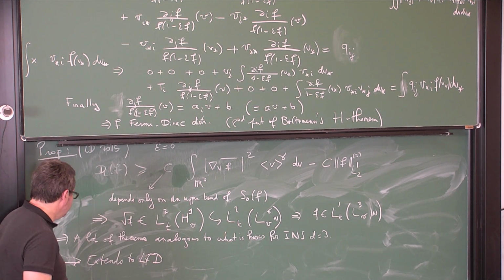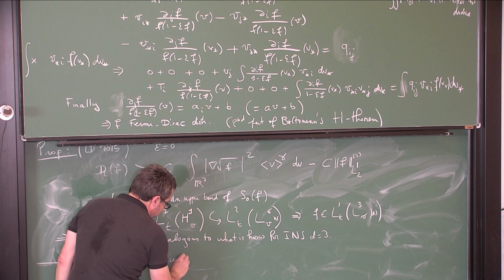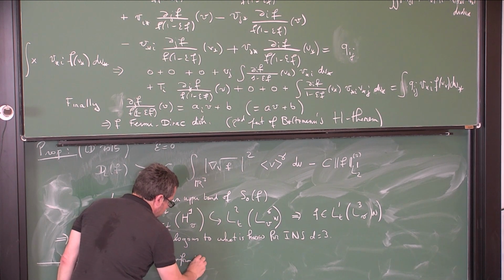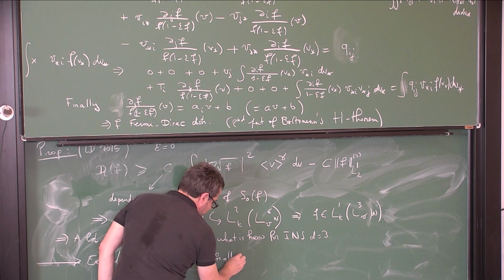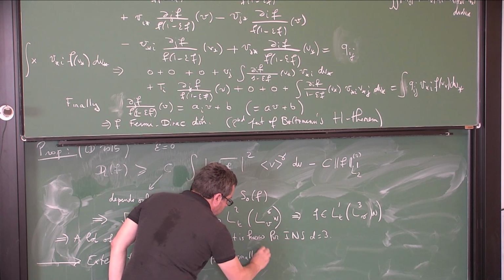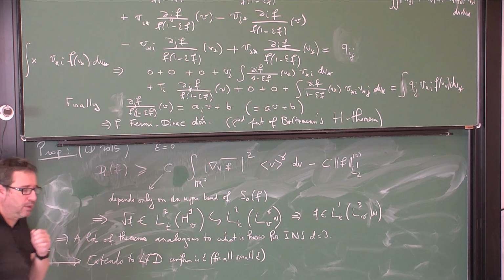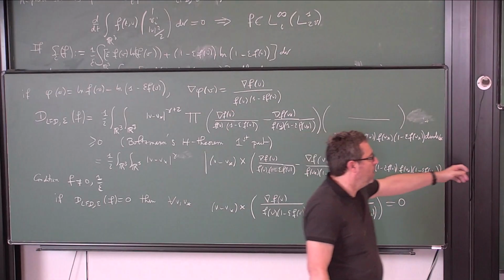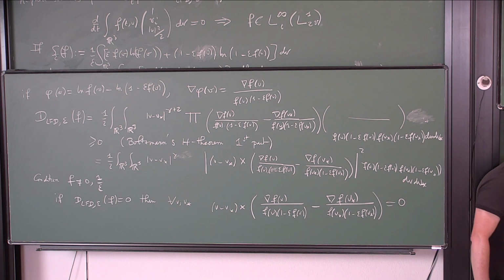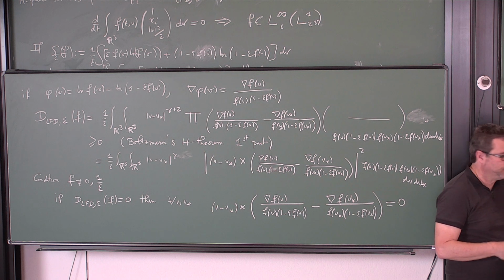And this extension is uniform in epsilon. For epsilon small, we don't look at large epsilon here. So you get an estimate like this one, which is uniform in epsilon and which basically gives you this estimate when epsilon is equal to 0.